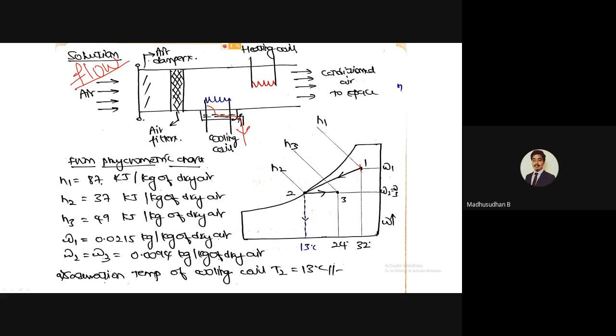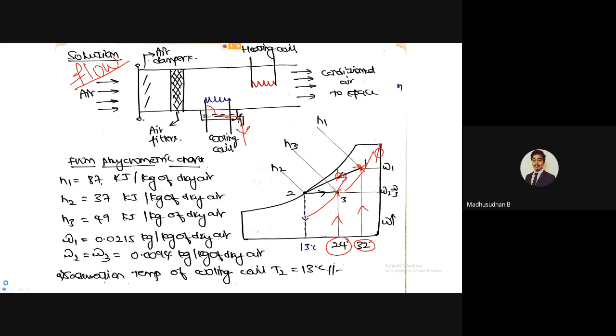Now, this is state 1. How will you be plotting? First you note down the DBT, which is 32 degrees Celsius. Then you plot the phi value and locate this point. Similarly for the comfort conditions, at 24 degrees Celsius DBT you go up, plot the curve of 50%, and mark this point.